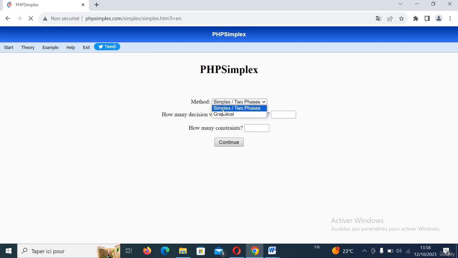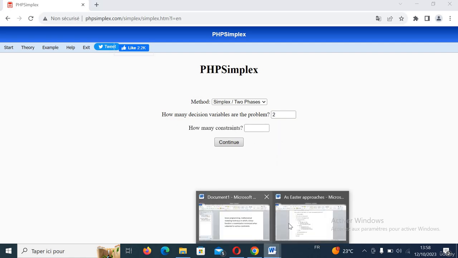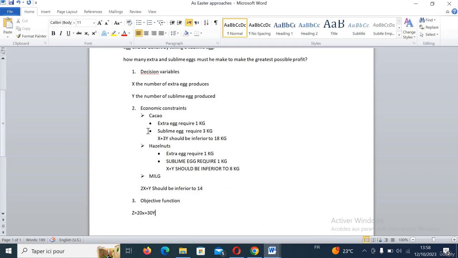So for the method, we have Simplex, 2 phases, or graphical. We're going to explain that later. How many decision variables does the problem have? We have two variables, which are sublime eggs and extra eggs. We have 3 constraints: the number of kilograms of cacao left, hazelnuts left, and milk left.